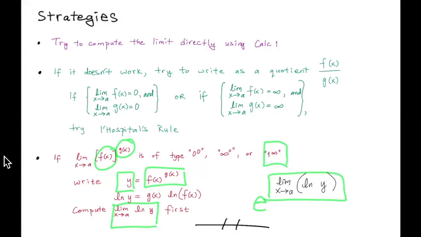So in general, there are situations where you cannot do methods from calculus 1 or L'Hopital's rule, but in this section and in this class, we will be working with situations where you can either use calculus 1 or you can use L'Hopital's rule.